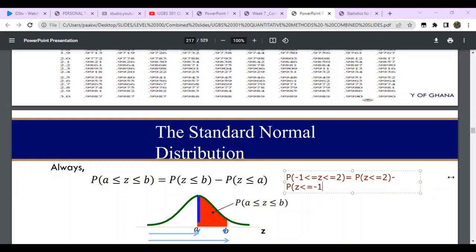Then you find the probability that Z is less than or equal to 2 on the table, minus the probability of Z less than or equal to -1 on the table. You subtract the smallest from what? The biggest. The smaller one from the bigger one. That one will give you the probability between the area. You get it?